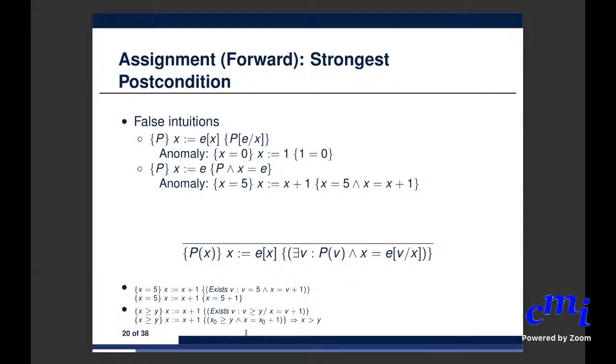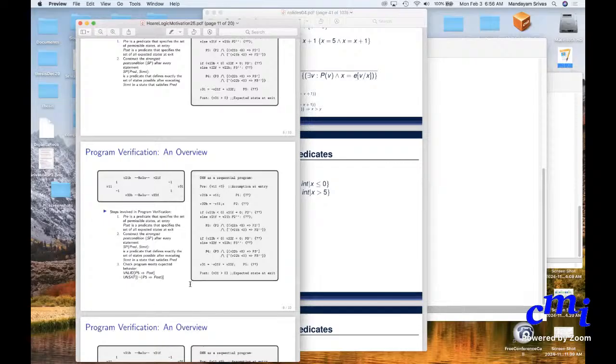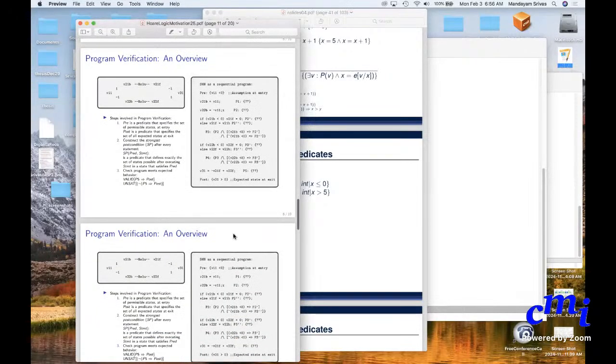Okay, and then you could take the conjunction of all the strongest postconditions after time stamping this value, and that is the basis for modeling in terms of SSA. Okay. So, any questions there?